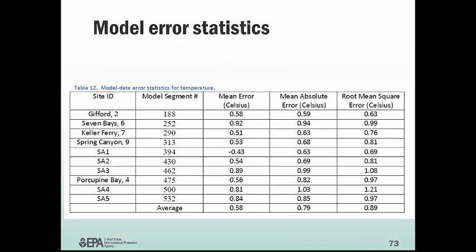And then you'll notice that the mean absolute error and the root mean square are always positive, and one can look at the grand average there and say, well, this model is between 0.8 and 0.9 degrees C of the measured conditions as a general matter.